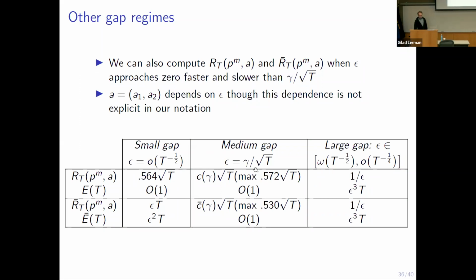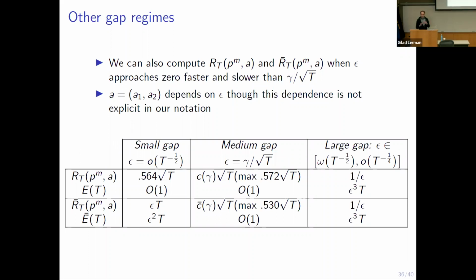So here epsilon scaled as 1/square root of t, but you could look at a small gap where epsilon is smaller, and you could see that in this gap regime, the regret is square root of epsilon times square root of t. This is the same quantity you would get if you just naively allocated half of your trials to one arm, half of your trials to the other arm.